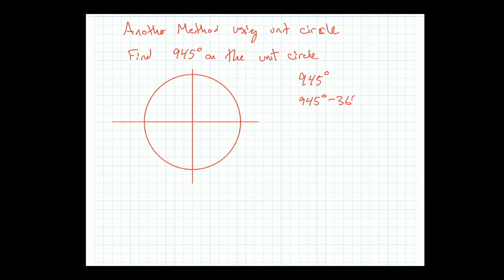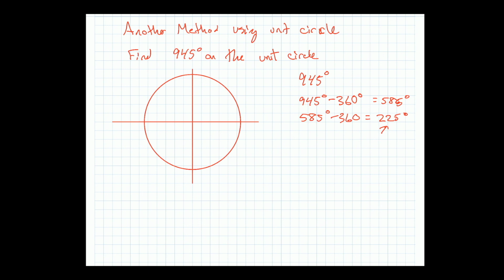So subtract 360: 945 minus 360, you get 585. I still don't know where 585 is, so 585 minus 360, I get 225, and then I say, okay, where's 225?